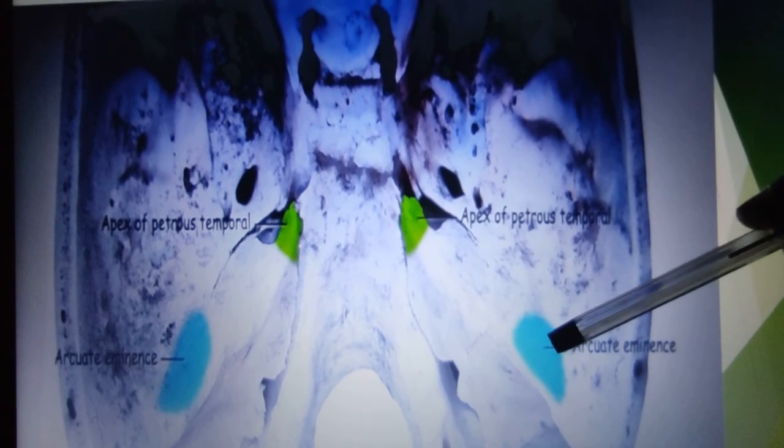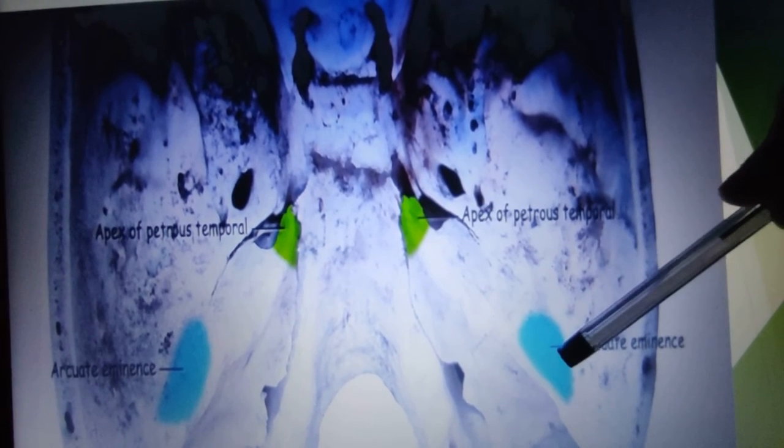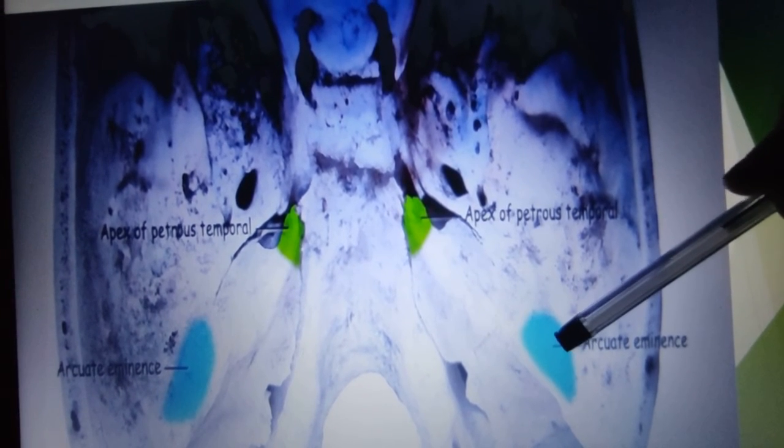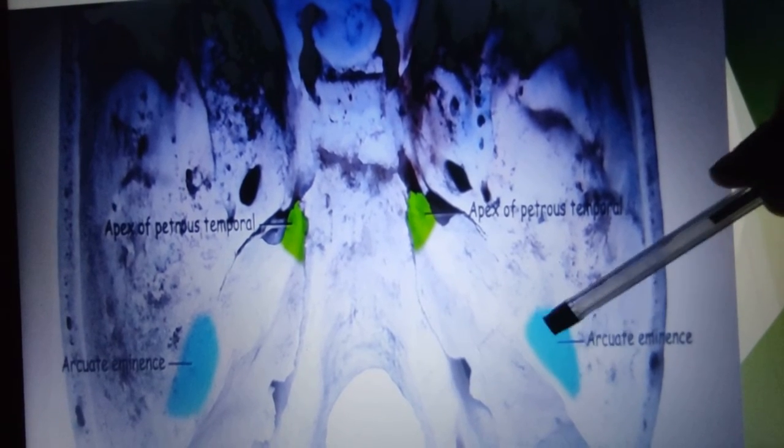So medially we see the trigeminal fossa, and laterally there is an elevation produced by the semicircular canal present in the internal ear.